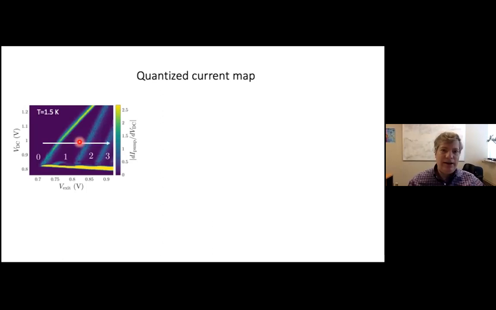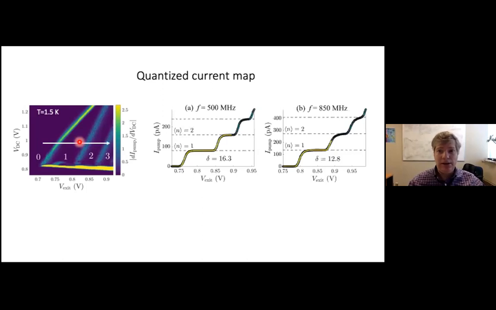Now, if we take a line cut along a horizontal line like this, and now we plot the current, not the differential conductance, but the current, then we can clearly see the quantized current plateaus. Now the left plot is for an RF frequency of 500 megahertz. The one on the right is for 850 megahertz.